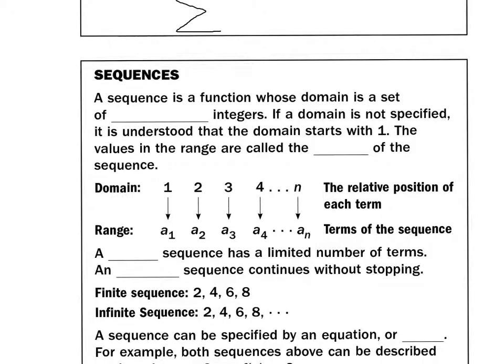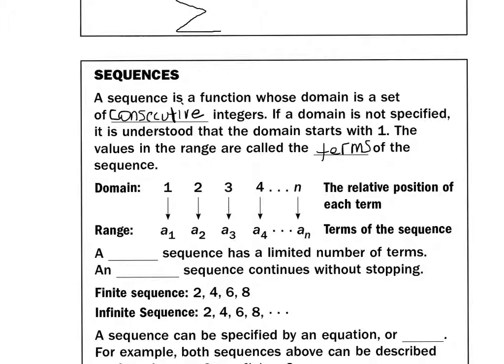A sequence is a function whose domain is a set of consecutive integers. If a domain is not specified, it's understood that the domain starts with 1. The values in the range are called the terms of the sequence.